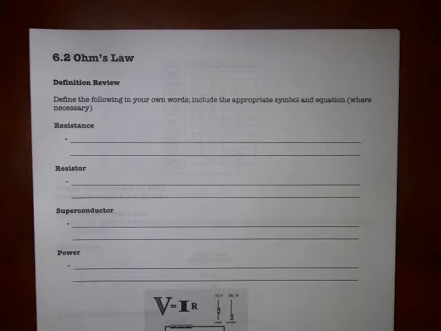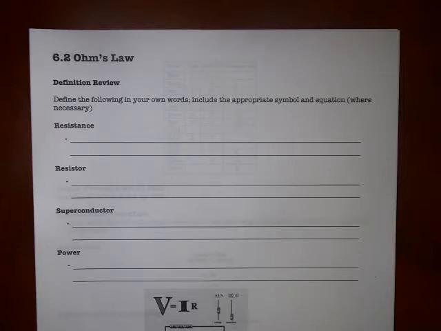Well, good morning, everybody. We're going to look at Ohm's Law today, 6.2, and we're going to start off with just talking about a few definitions. Some of them you may be already familiar with.